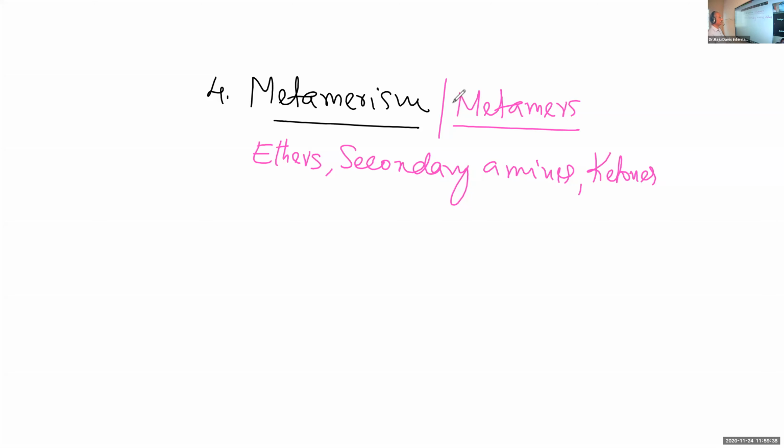That is due to the difference in the alkyl groups or aryl groups attached to the same functional group.